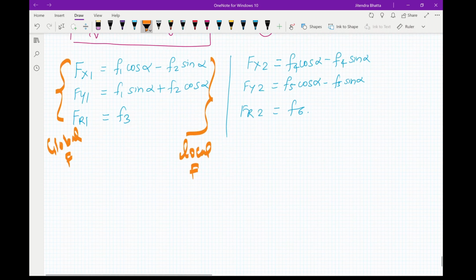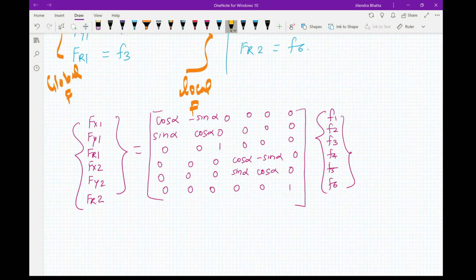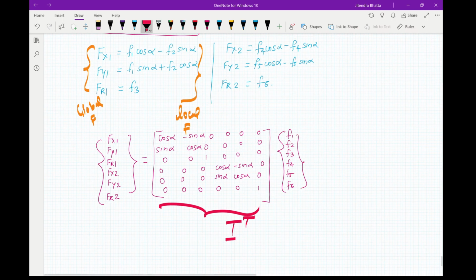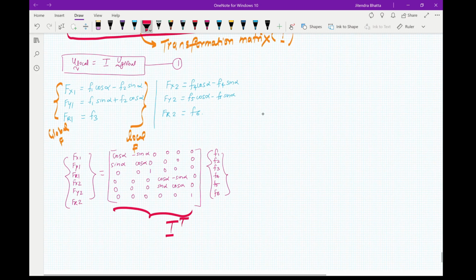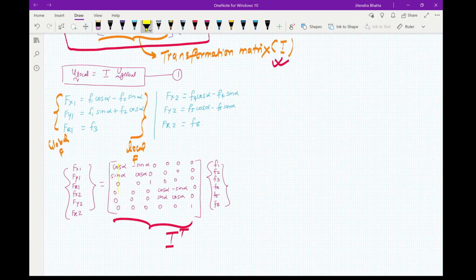Now if you form a matrix, you'll be able to see that this matrix here is the transpose of the transformation matrix we obtained earlier, which is this one here. Transpose means that the row of this one will be equal to the column of this one.